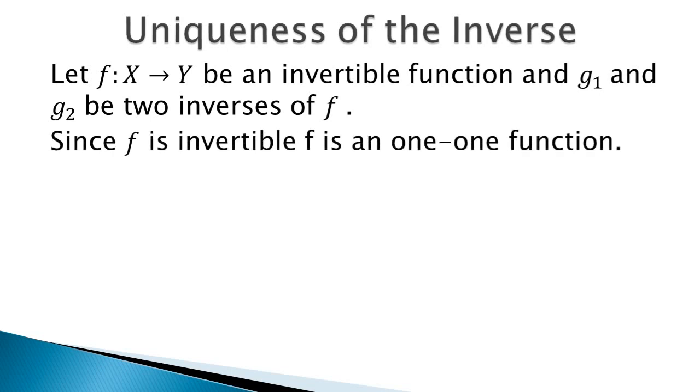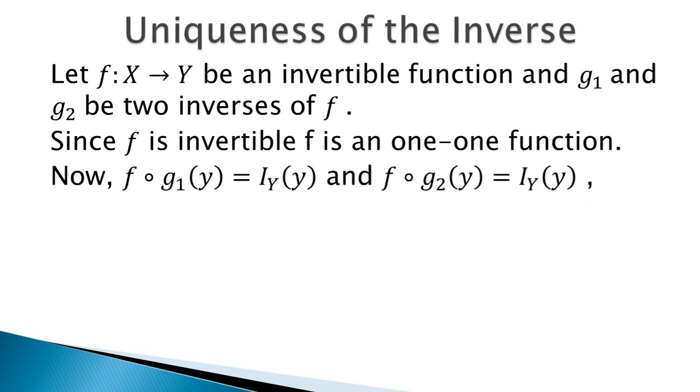Now since f is invertible, we know that f is a 1-1 function. Now z1 and z2 are inverses of f, therefore their composition with f must give you the identity function in this way: f of z1 must be equal to I_Y, f of z2 must be equal to I_Y again.